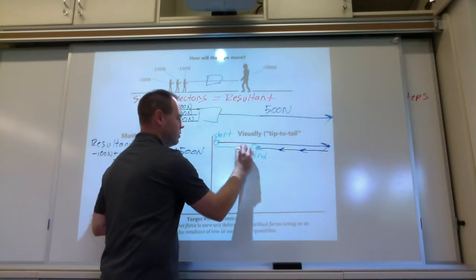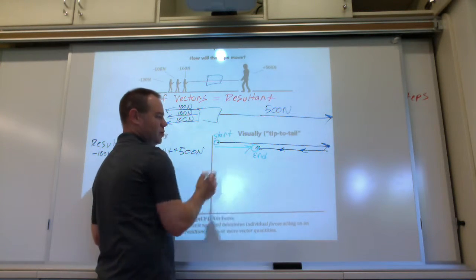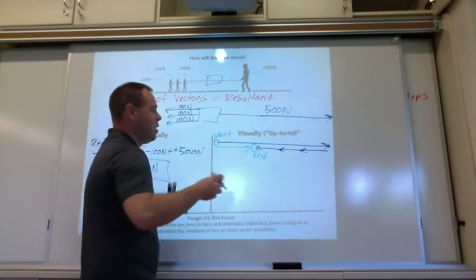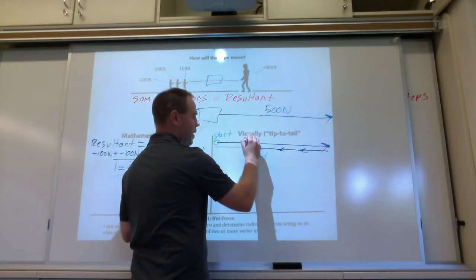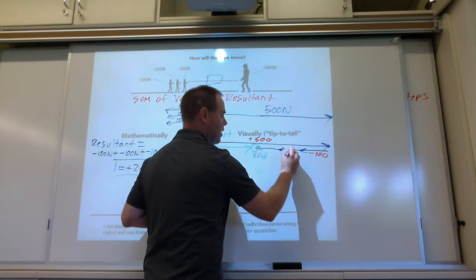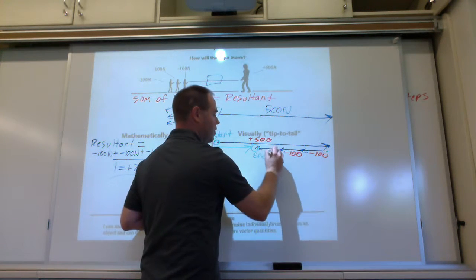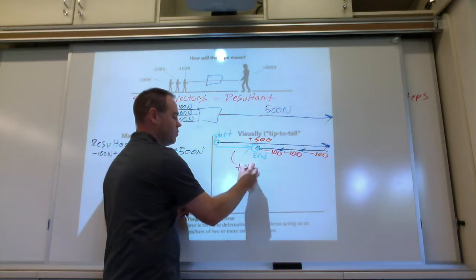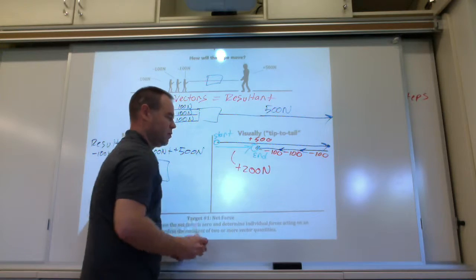So the resultant is that. That's our resultant right there. And if we think about that, we can see what that adds up to. Well, this is positive 500, this is negative 100, this is negative 100, and negative 100. So we can see the resultant is positive 200 newtons.